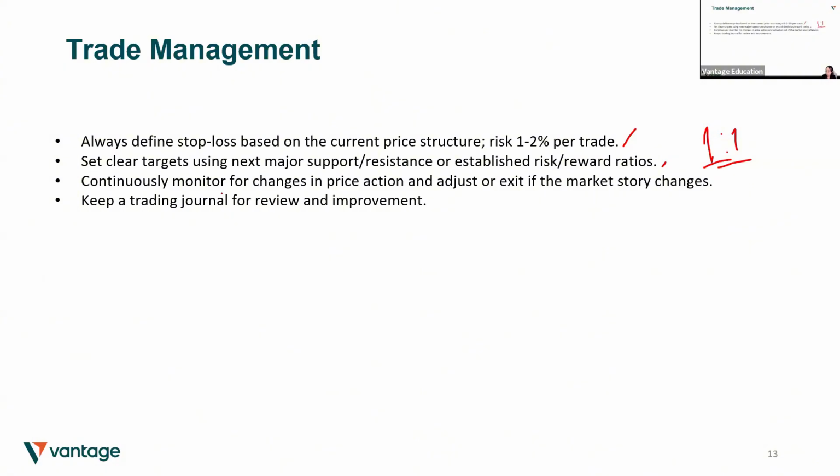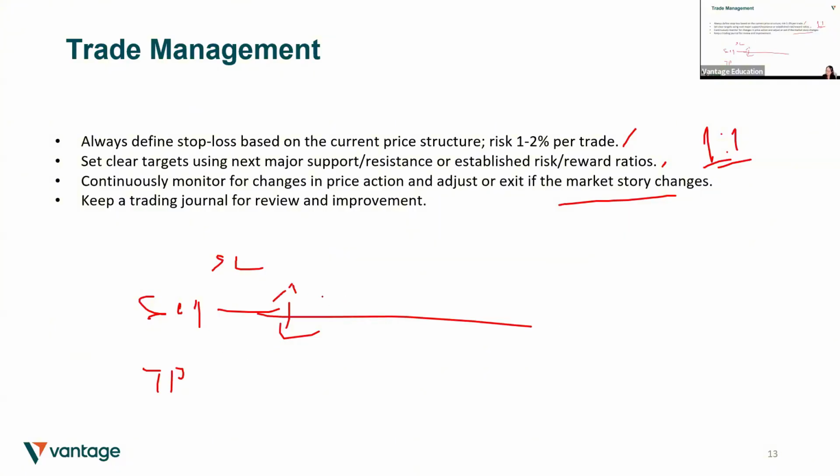Continuously monitor for changes in price action and adjust or exit if the market changes. Let's say I put my SL, my entry here for a sell, for example, and my take profit here. I sell here, price is rising.